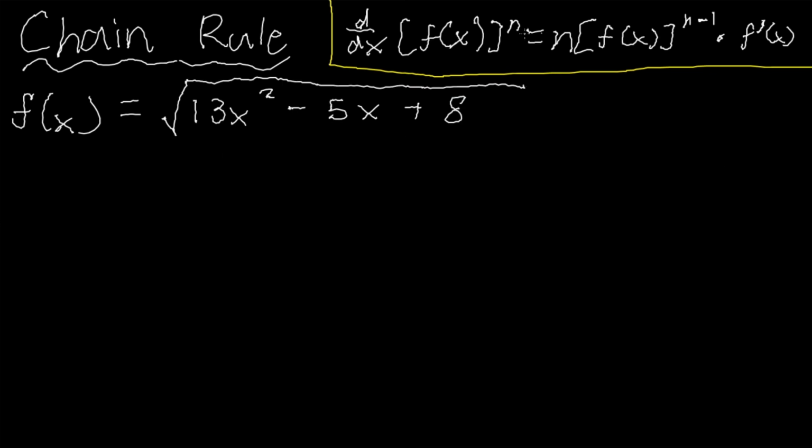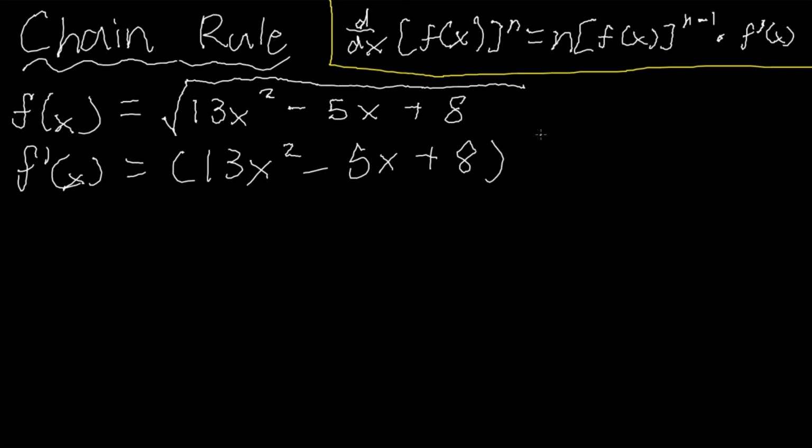Okay guys, for the last question we're going to do in this video, we have a square root instead of a bracket and an exponent. So don't let this fool you, because this would just equal this function, the same thing, but to the power of 1 over 2.